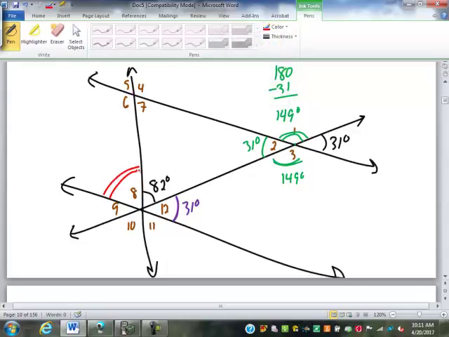This over here now has to be, because this is a straight line, those 3 have to add up to 180. It's going to have to be what? 67. Good. That's just 180 minus the 82 and minus the 31.